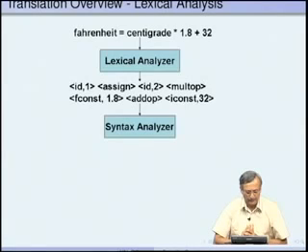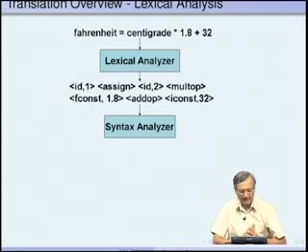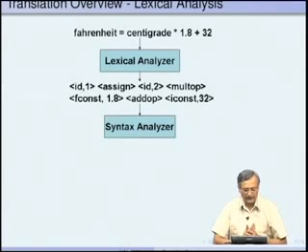For example, Fahrenheit and centigrade are names. So, they are traditionally called identifiers, and the value of the identifier will be stored in a symbol table. So, ID comma 1 and ID comma 2 will denote the two identifiers Fahrenheit and centigrade, 1 and 2 being the indices of the symbol table in which the names are stored.